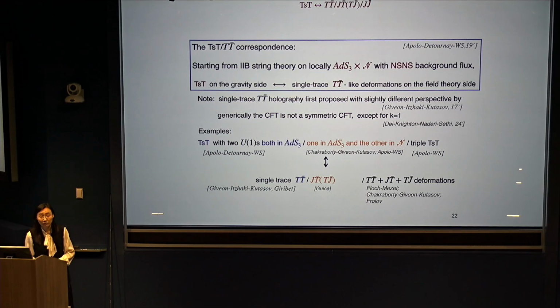Is it obvious why the TsT corresponds to a single trace and not the other one? Well, a very intuitive argument is that this TsT really changes the asymptotics, and double trace deformation will not change the asymptotics.